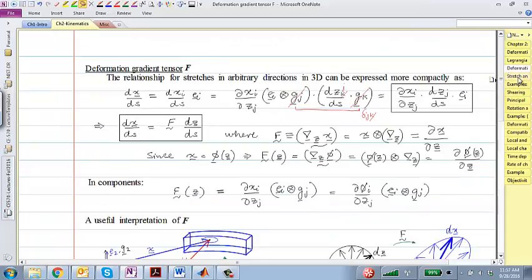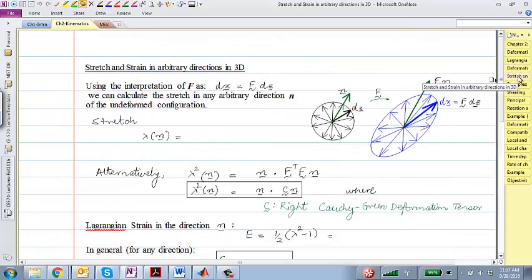Now let's consider, at a given point in the undeformed body, all these possible undeformed tangent vectors. When F acts on them, it gives me all the corresponding deformed tangent vectors. In some directions, there might be compression: the tangent vectors get smaller. In some other directions, it might get elongated. Some directions don't change.